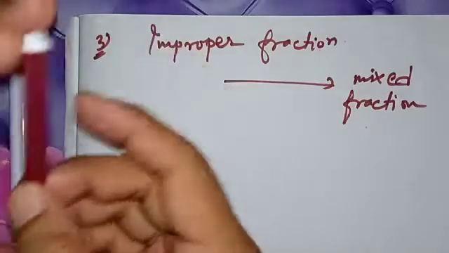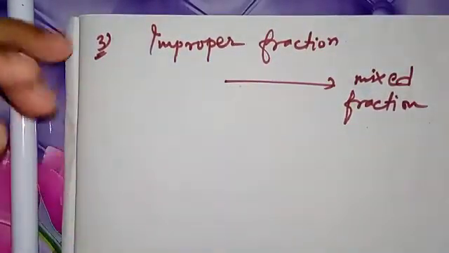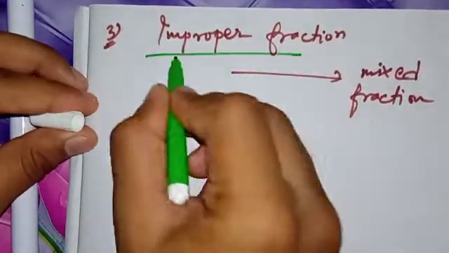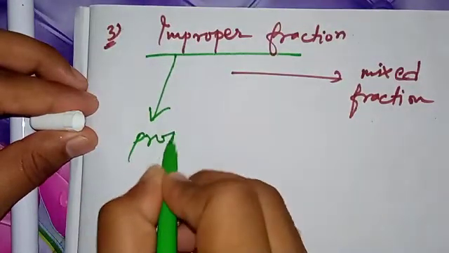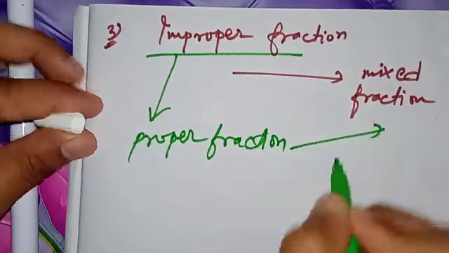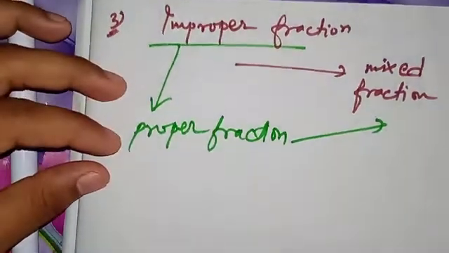Now a question may come to your head that, sir, why improper fraction only? Why can't we convert proper fractions into mixed fraction? Your question will be answered in this video.